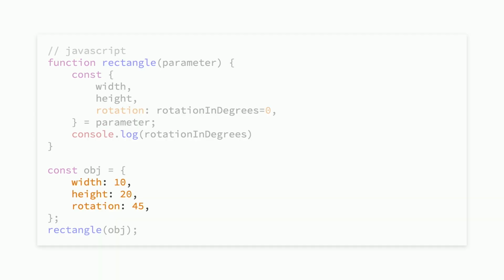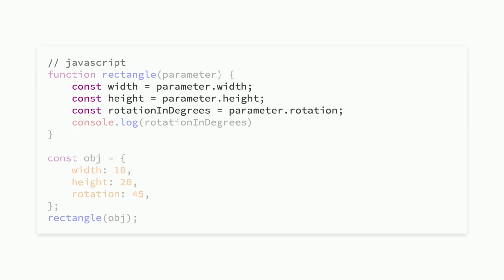And so the values of the object being passed in are being destructured into the variables width and height, with rotation being reassigned to a different name, which in effect is like assigning the variables from an object individually.